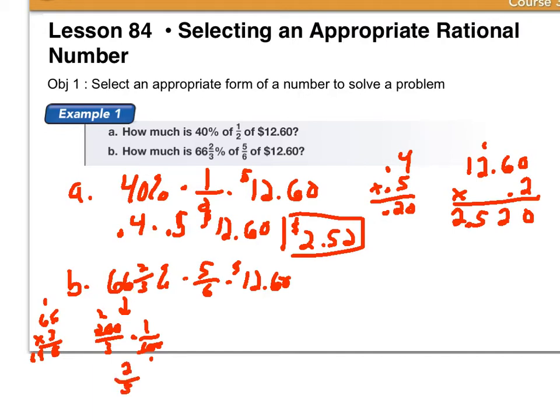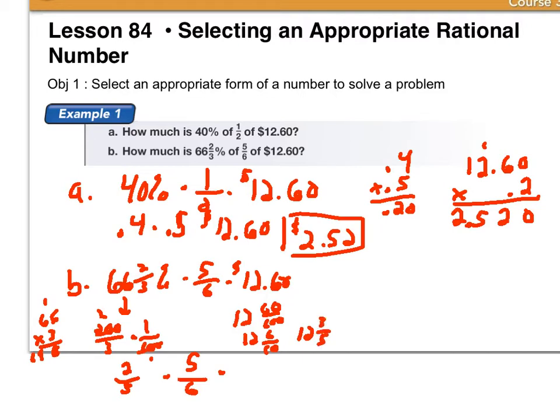So that is 2/3 as a fraction, times 5/6 for this one, times, now $12.60. That's the same as 12 and 60 over 100, or 12 and 6/10, which is also the same as 12 and 3/5 as a reduced fraction.